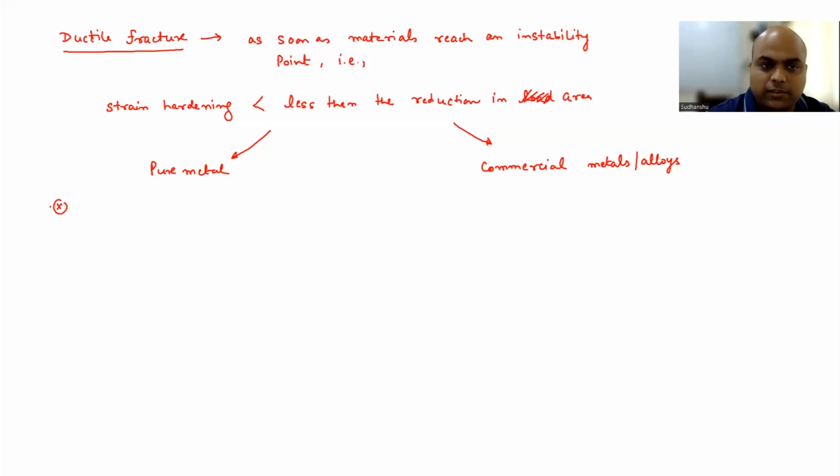We have discussed that already. So pure metal is going to show what type of failure? Rupture, right? At a point it is going to fail, whereas commercial metals and alloys are going to show cup and cone failure. Okay. So here the specimen can neck down to a single point.